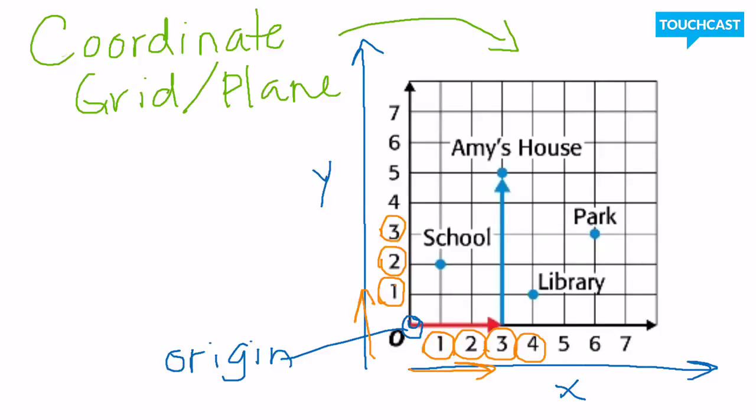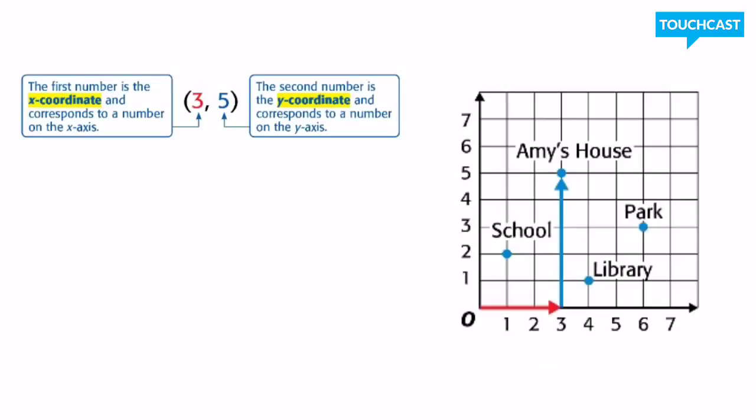Those numbers are going to help us identify coordinates, or certain places on our coordinate grid.